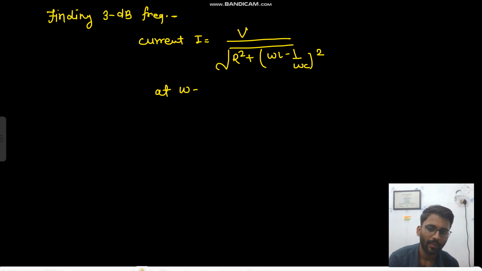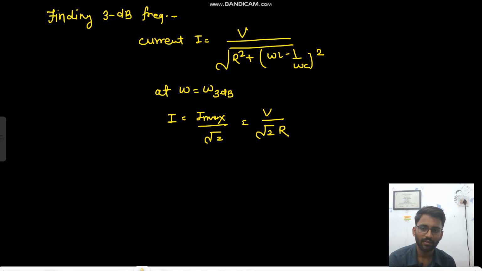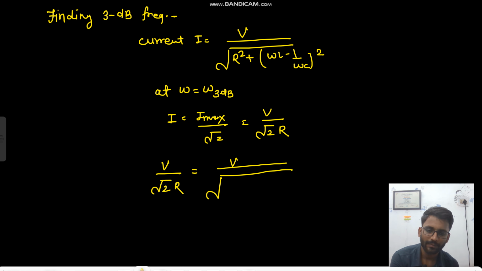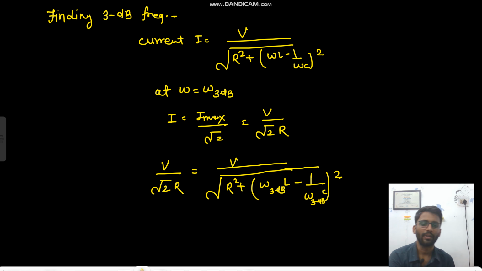At omega equals omega 3 dB, I equals I max by root 2, that is V by root 2 R. So V by root 2 R is equal to V upon root of R square plus omega 3 dB L minus 1 by omega 3 dB C whole square.